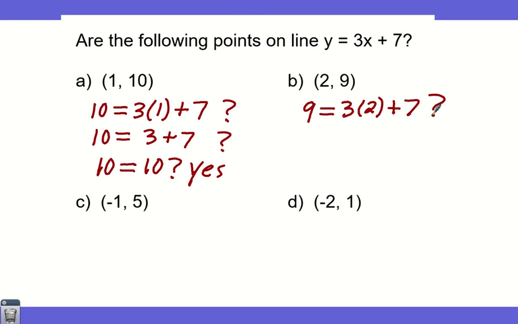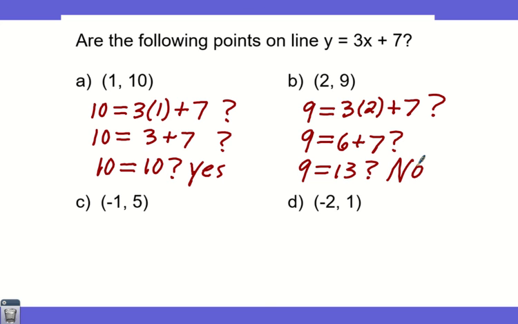Does the left side equal the right side? I think you can already see that. Nope. So 2 comma 9 does not solve the equation, and therefore it would not be a point on the graph, on the line.